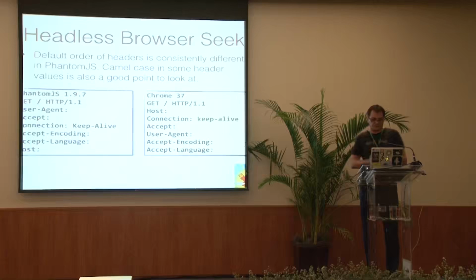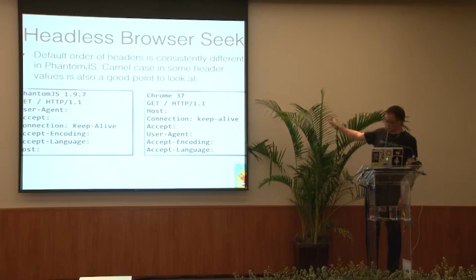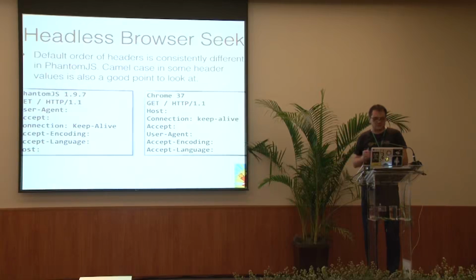One of the major differences is that in all major browsers except Opera, the Host header would be your first header in the header list. In the case of PhantomJS, the Host header is the last one. So it's a pretty good indication that it's not a real browser that visits your website.